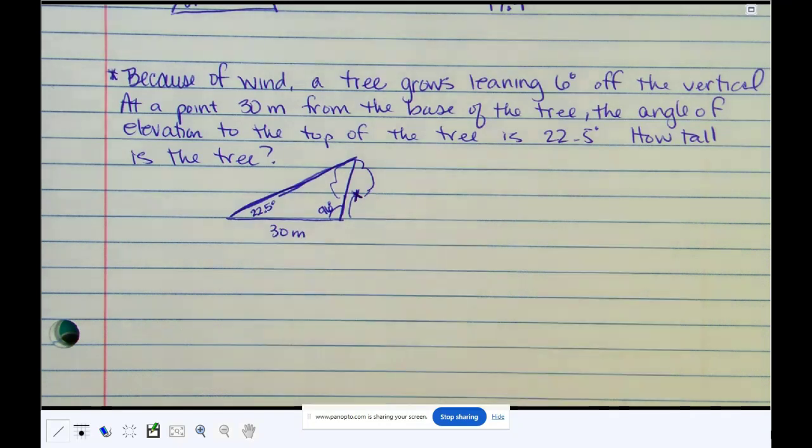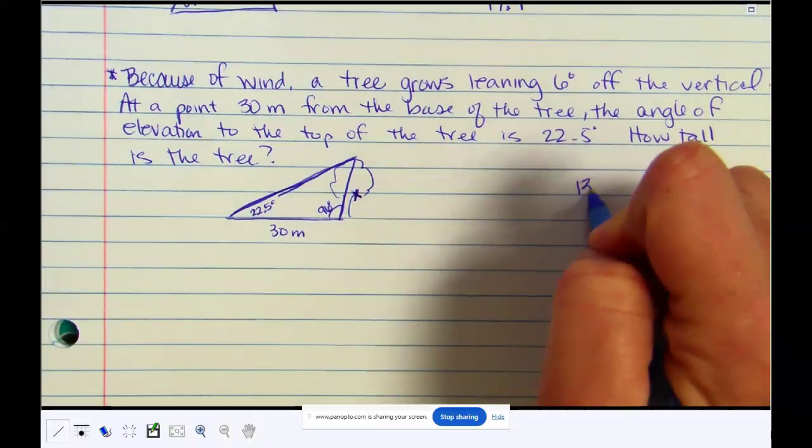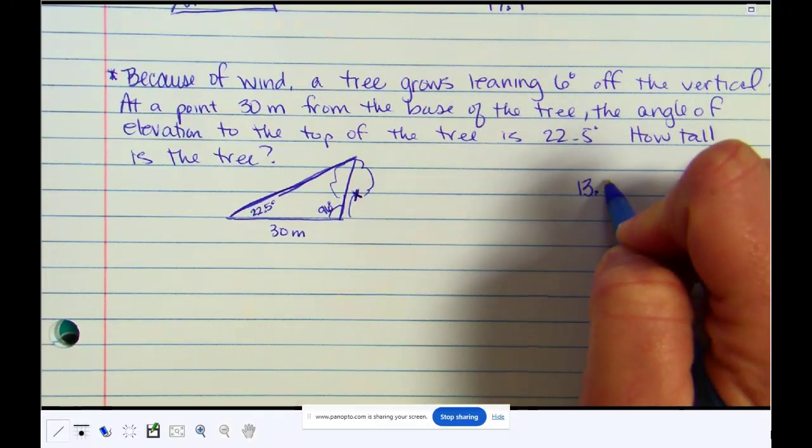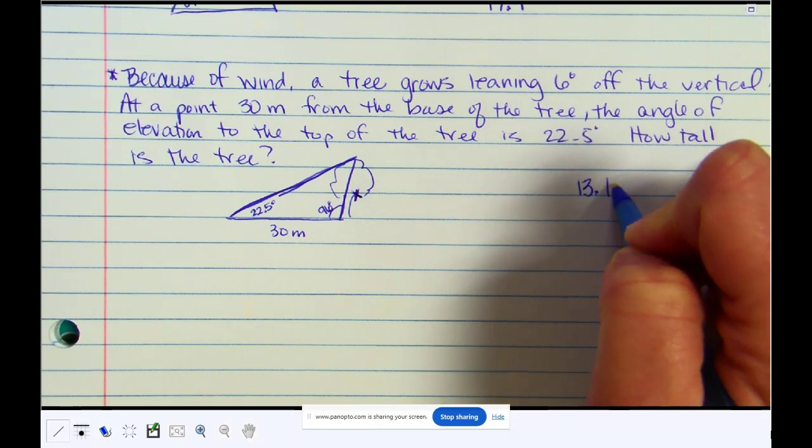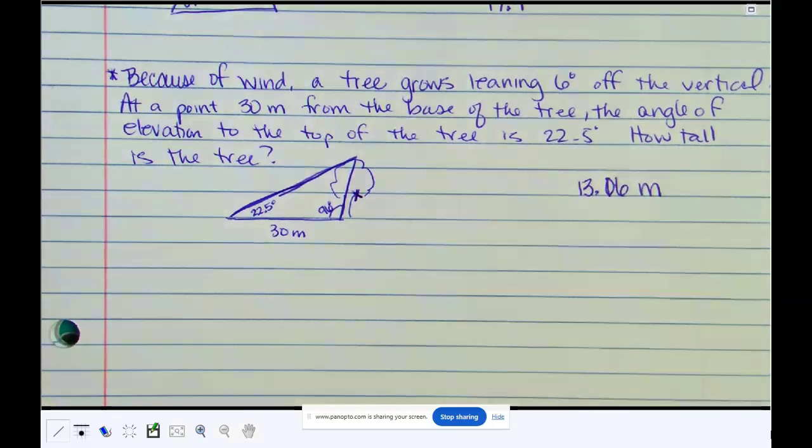Okay, how tall is the tree? Meters. 30.1 then? I did 13.06. 13.1. Okay.